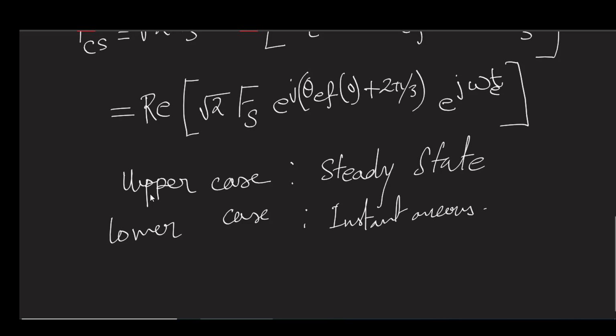Now, if the speed of this arbitrary reference frame is an unspecified constant, then for balanced steady state, what can we write?